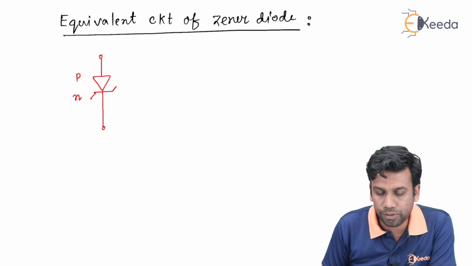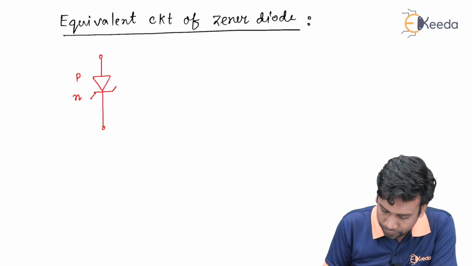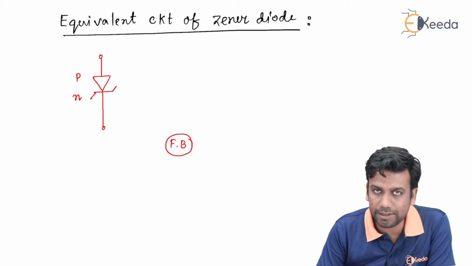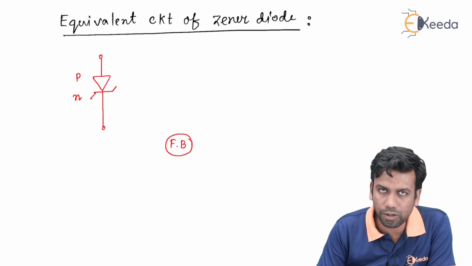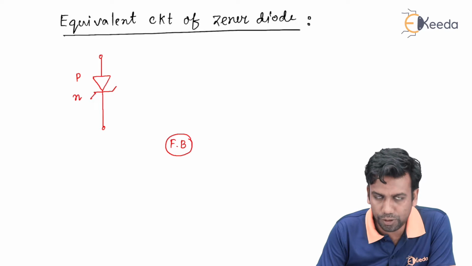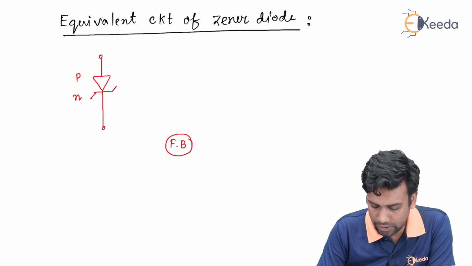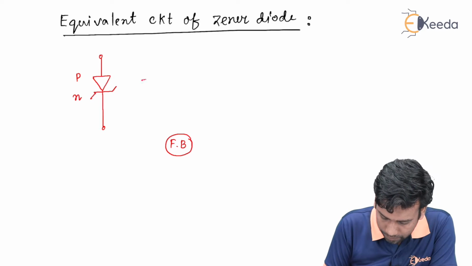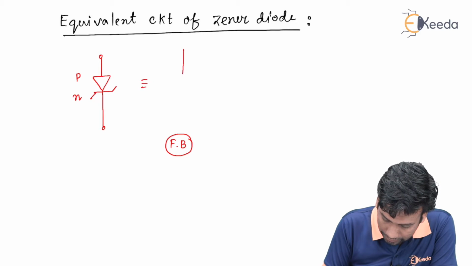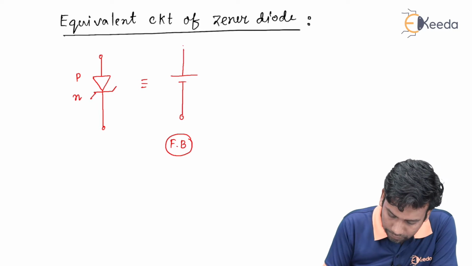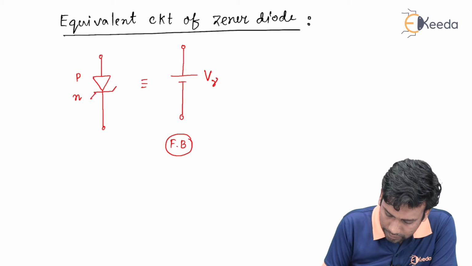When the Zener diode is operated in the forward bias region, that is FB, the Zener diode will work as a normal PN junction diode, and the voltage across a normal PN junction diode, we know, is the cut-in voltage of the material. So, in the forward bias region, a Zener diode can be represented by a circuit like this. It will have only this amount of voltage across it, that is V gamma.